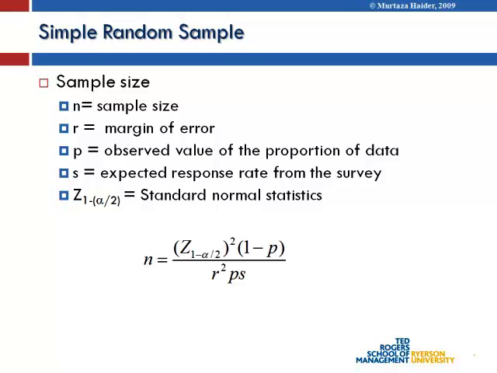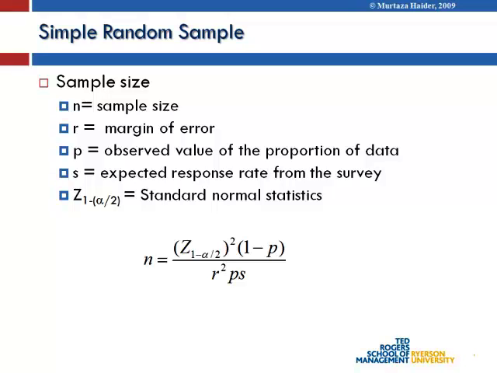If small n is the sample size, and R represents the margin of error, that is, based on our sample estimates, we predefine or preset a margin of error, say a 5% or 10% margin of error, then R would represent that.